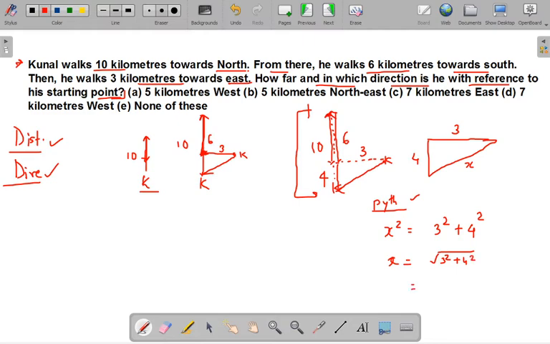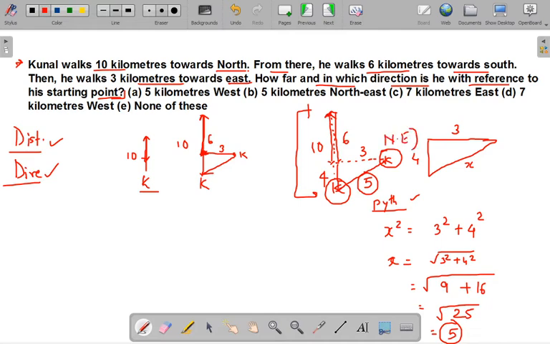This is 9 plus 16. This is square root 25, which is 5. So the distance is 5. The direction, Kunal was standing here and now he is here. So that is northeast. Answer is option B.